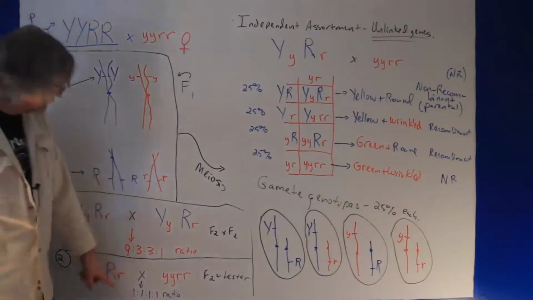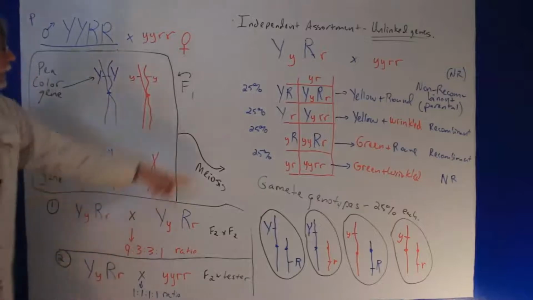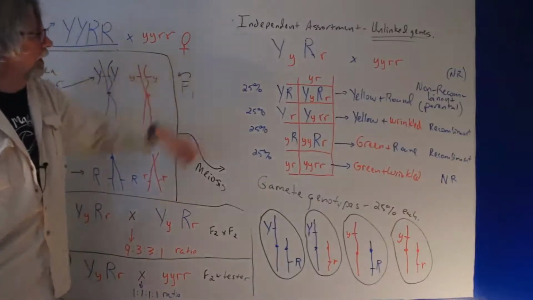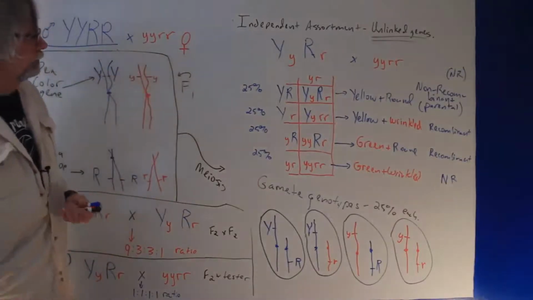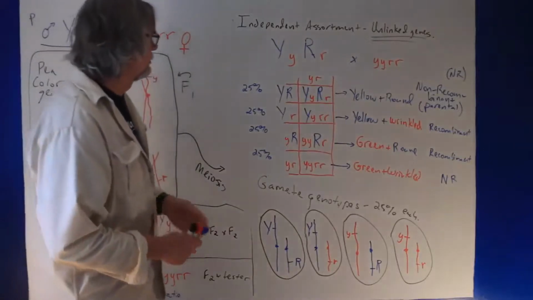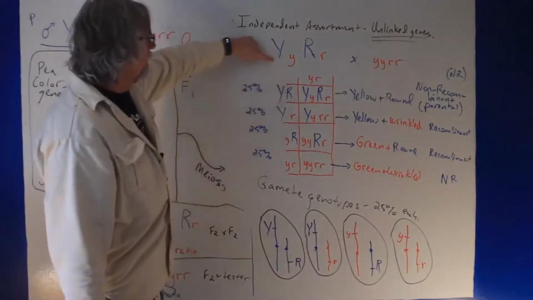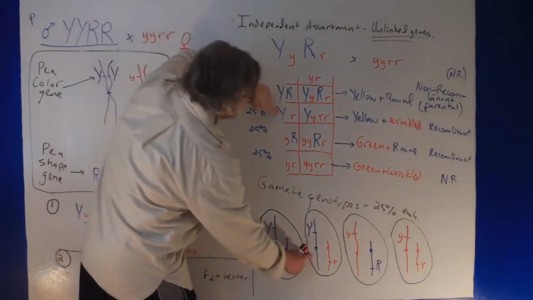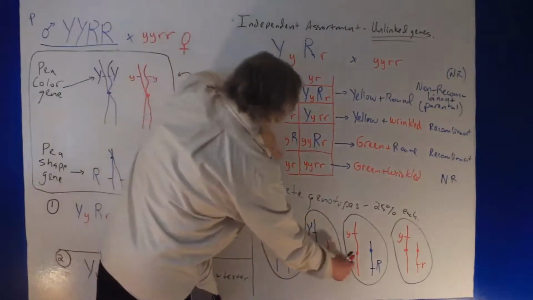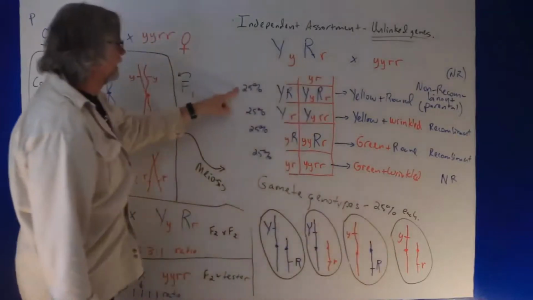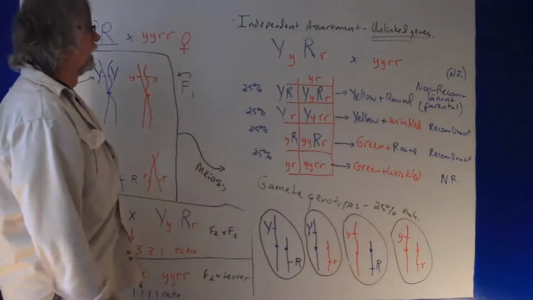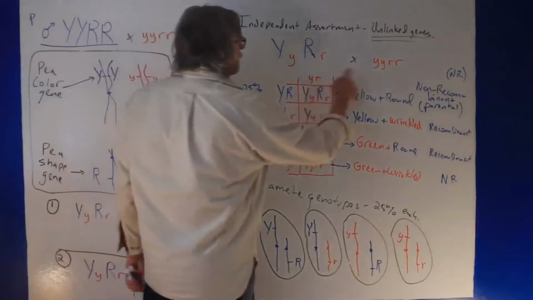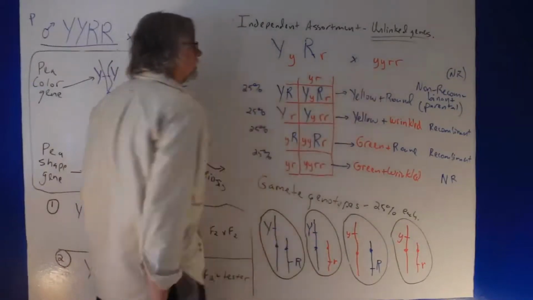Let's take a look at that cross, this one down here, and chart it out on the Punnett square. If you do that cross, here are the gametes that you're getting in equal frequency, 25% each. And this is the gamete coming from the tester individual.